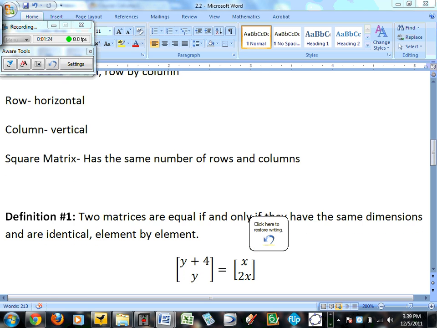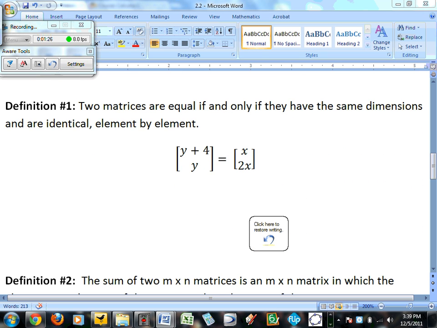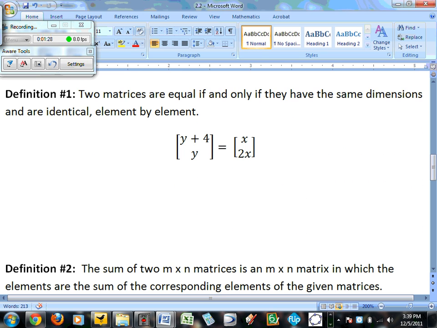Just one example. So definition number 1 about matrices says 2 matrices are equal if and only if they have the same dimensions and are identical element by element. Identical means that they equal each other. In this case, element by element means y plus 4 is one element. It has to be equal to the element that corresponds with it. So y plus 4 has to equal x, and y has to equal 2x.